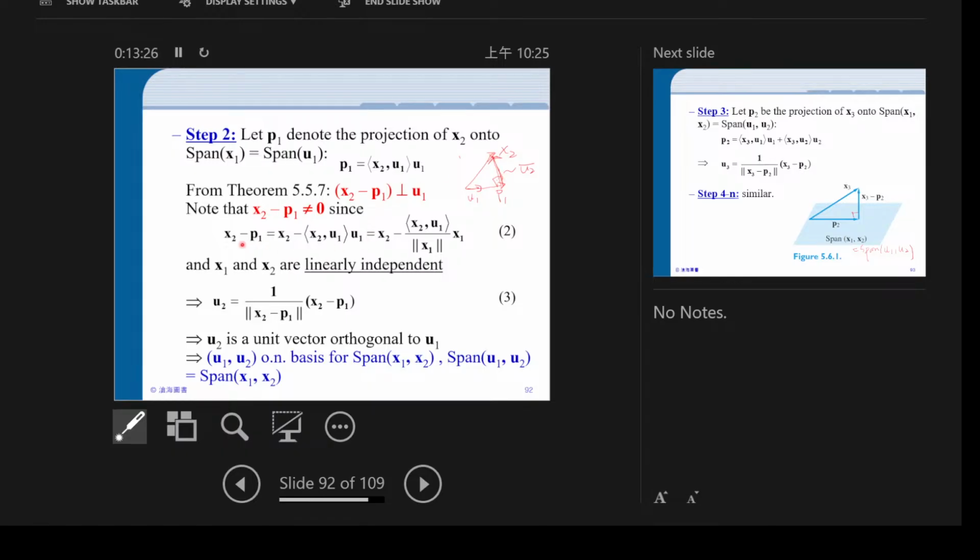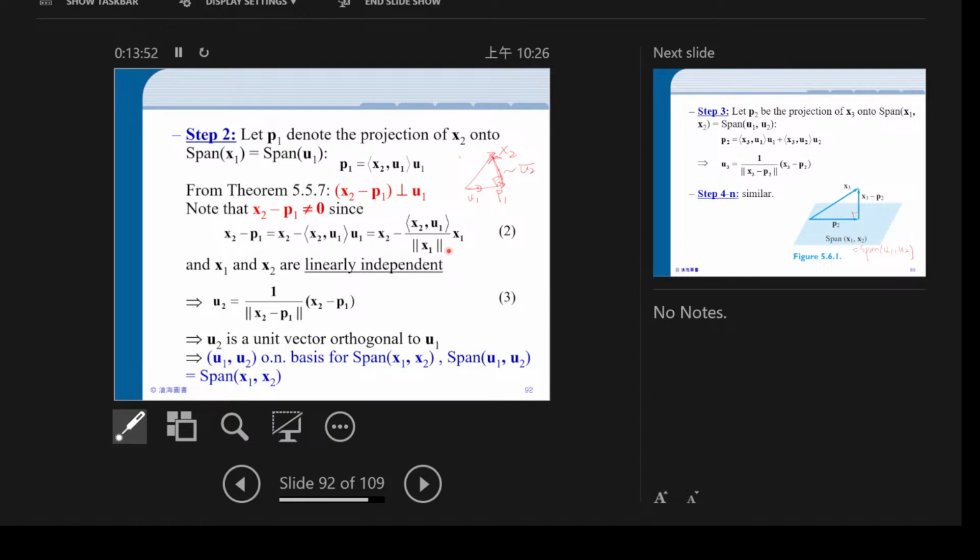And also, because x1 and x2 are linearly independent, this u2 bar should be non-zero, because u2 bar is x2 minus P1. It's x2 minus something times u1, and so it's x2 minus something times x1.